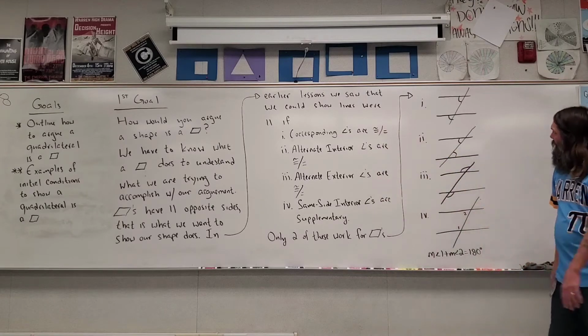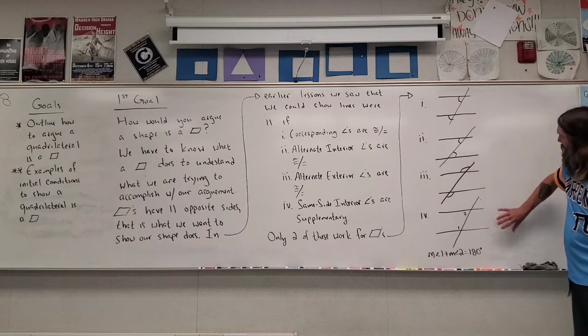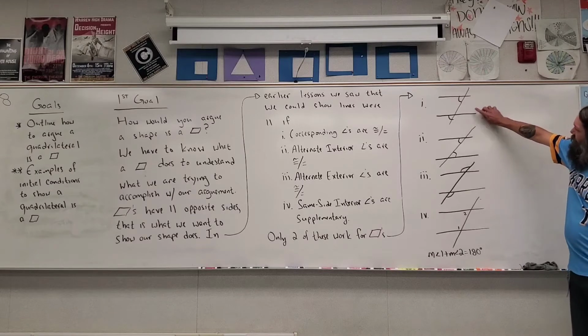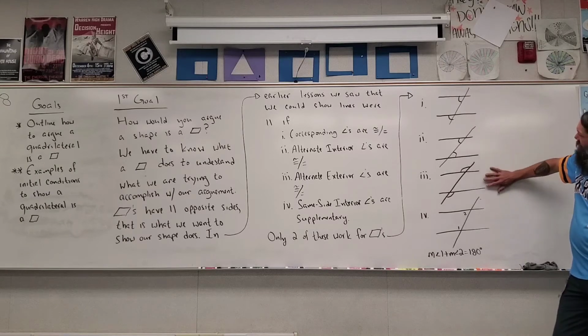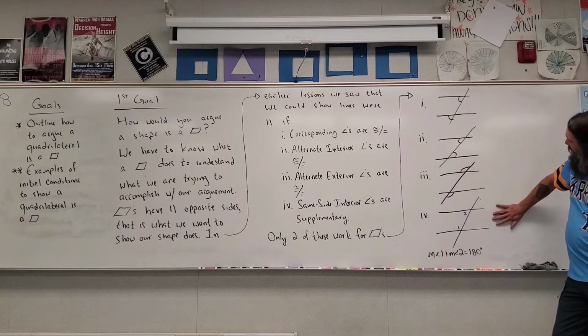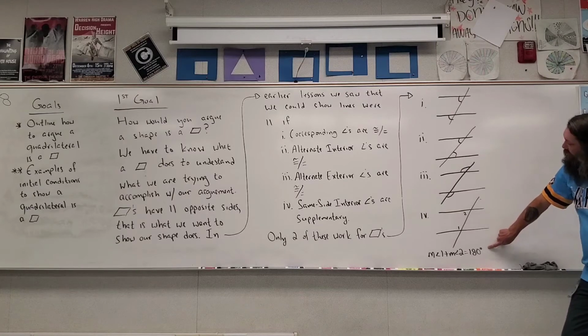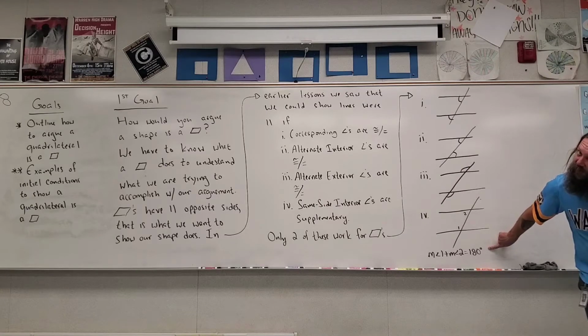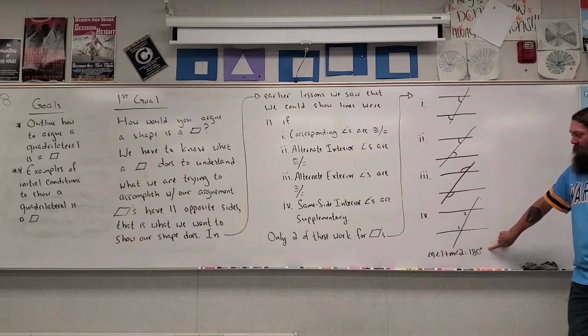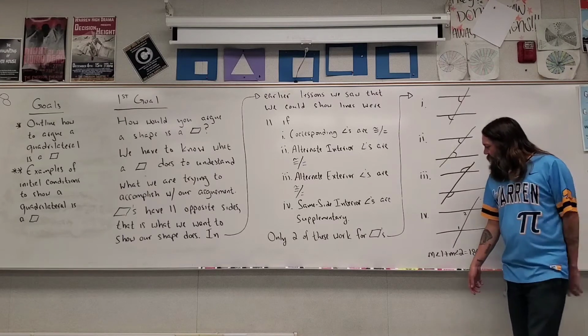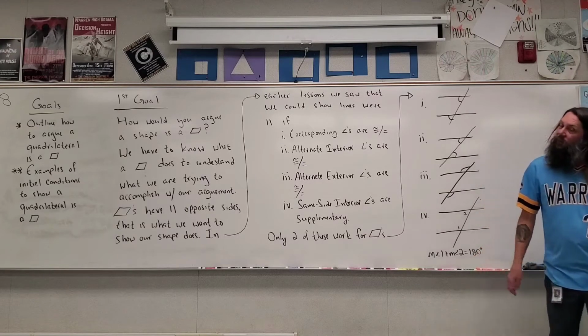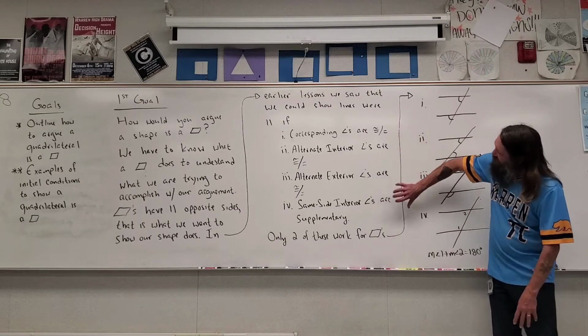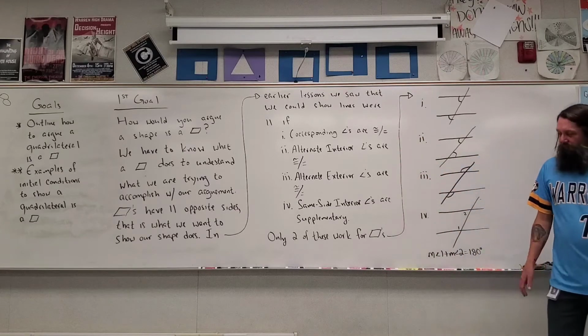And so what I have here is I have a picture that represents each of them. Congruent corresponding angles, congruent alternate interior angles, congruent alternate exterior angles, and same-side interior angles that are supplementary, which is a fancy way to say that they add to 180 degrees. Only 2 of these pictures that I have drawn will actually turn into parallelograms where these angles actually stay inside of them.